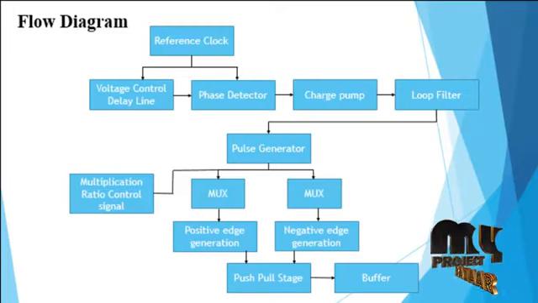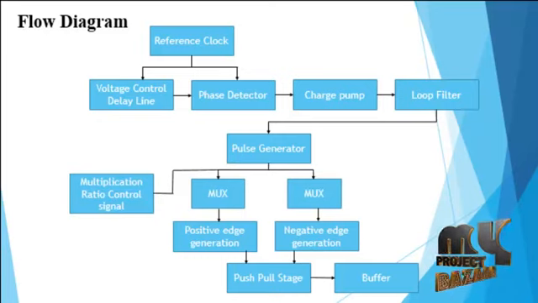This push-pull stage produces a combined single output from the positive and negative edge generation. The final output of the frequency multiplier is buffered using the buffer. This frequency multiplier is fabricated using a 0.13 μm CMOS process technology. It achieves low power consumption.